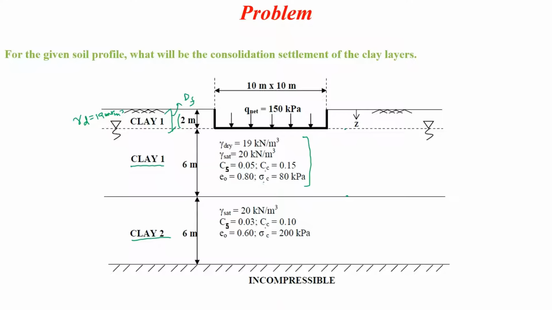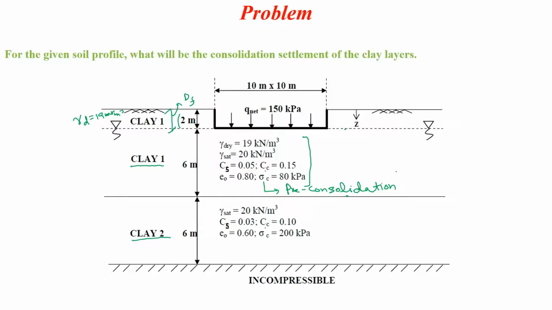This is known as the pre-consolidation stress. This is the maximum stress that has been experienced by the soil prior to this state. If we are examining this site today, then we will find how much maximum stress this soil has undergone before this time.